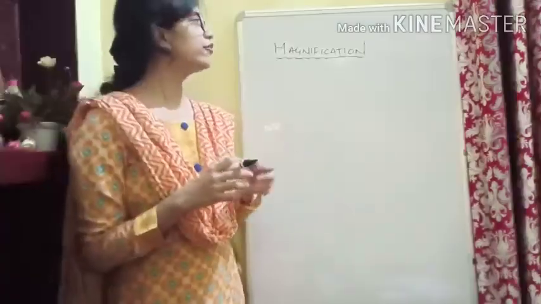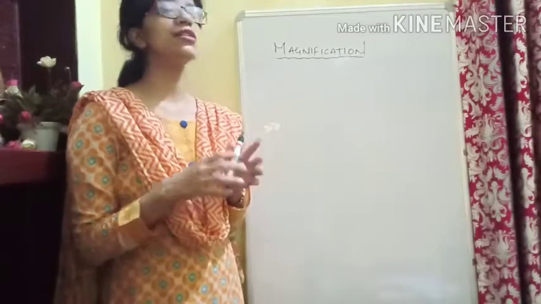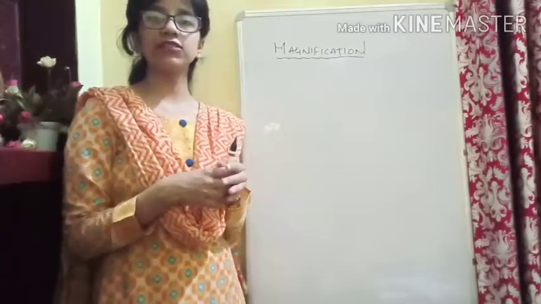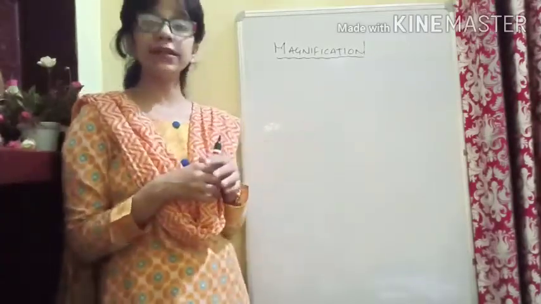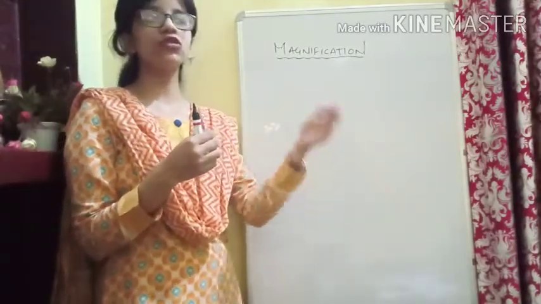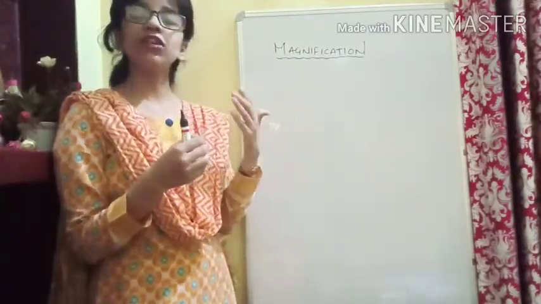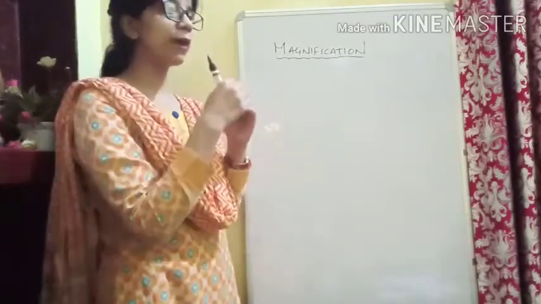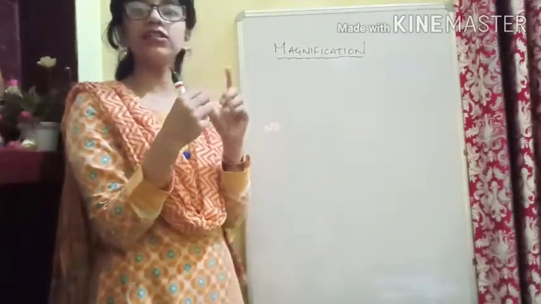Okay, magnification is all about the size, or how magnified the image we are getting. Like when we are characterizing the image, we are talking about the position of the image where it is formed. So with the position we can also calculate the magnification or the height of the image.